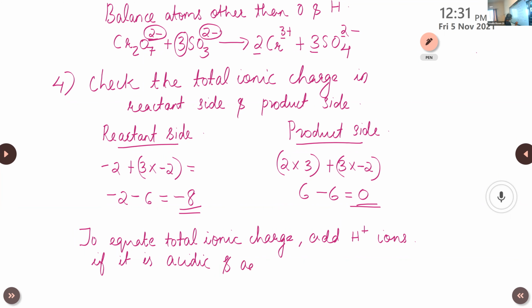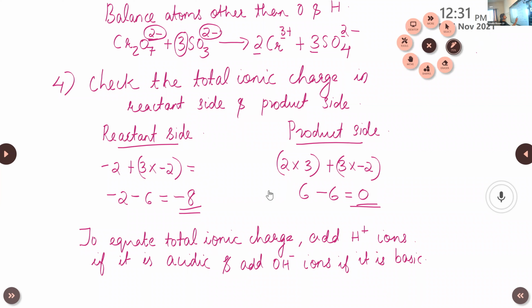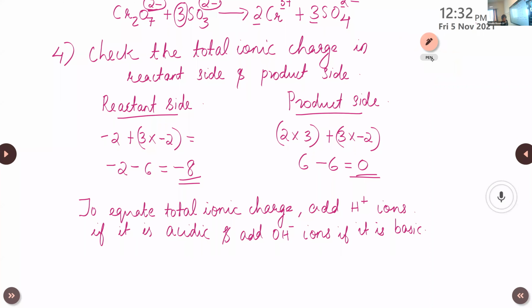To equate the total ionic charge, add H plus ions if it is acidic, and add OH minus ions if it is basic. Okay. So now we can add 8 H plus ions on the reactant side to make it neutral.